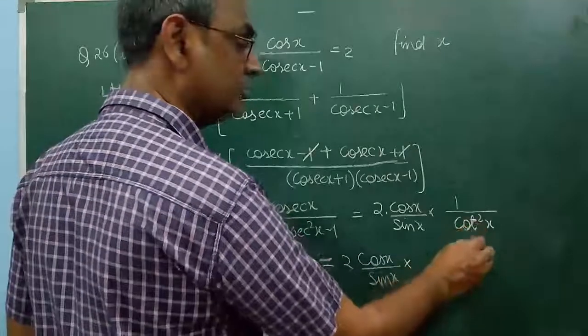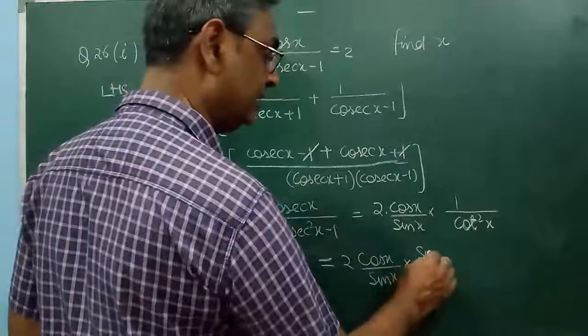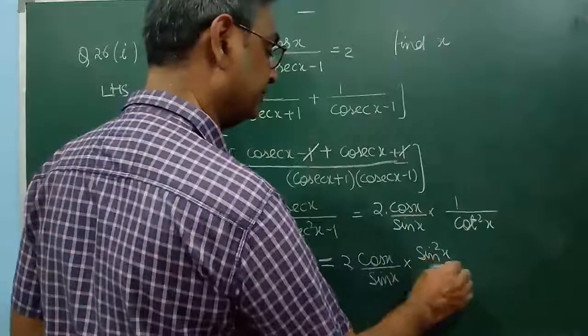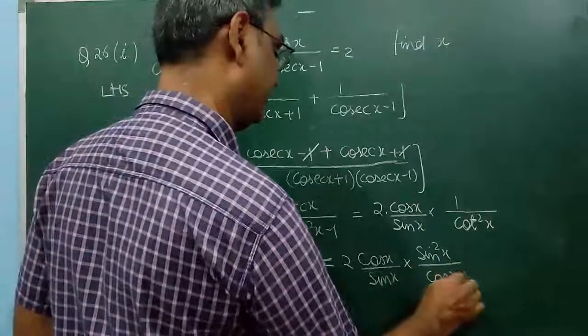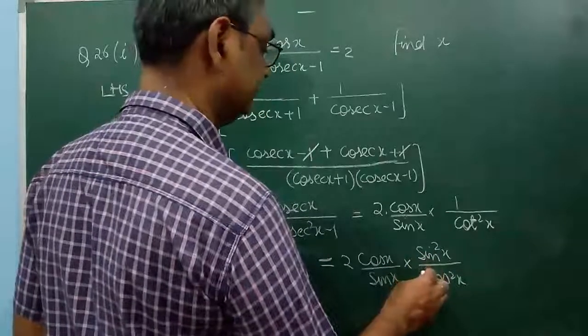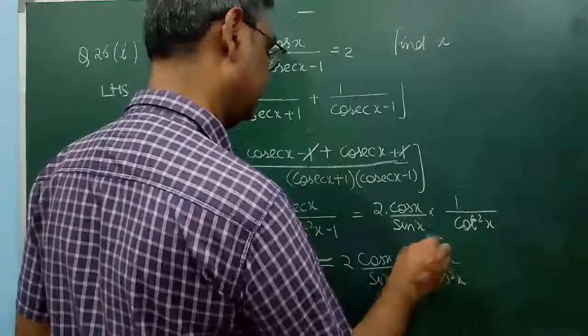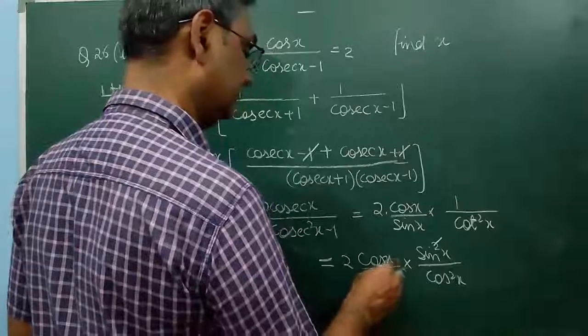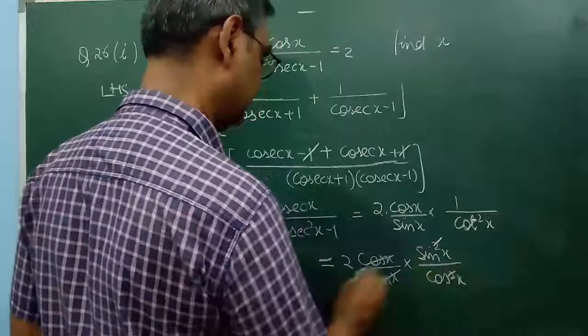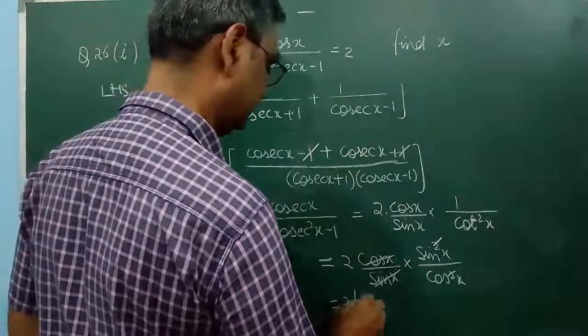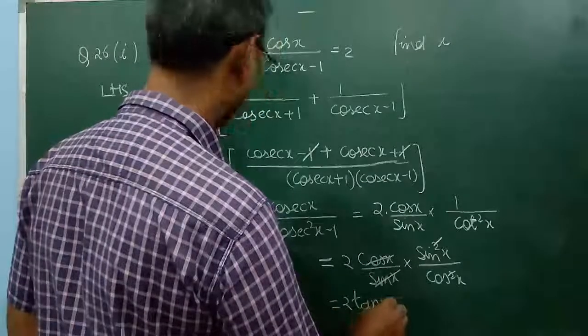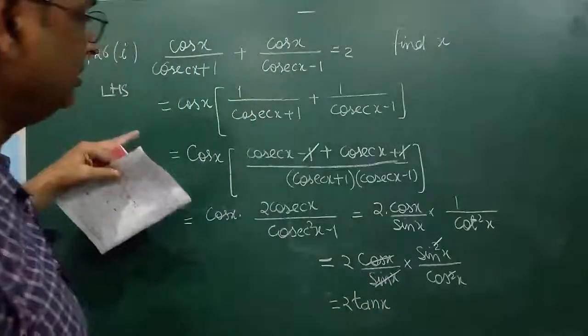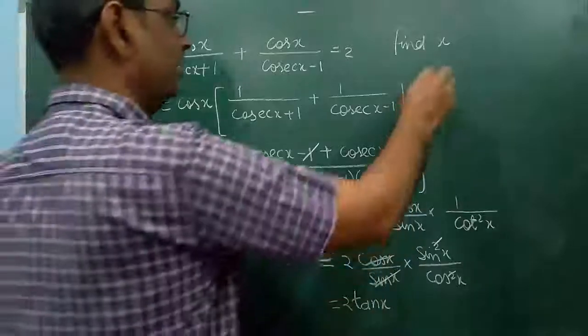And this is cos square x upon sin square x, and we can write like this now. So LHS we have got 2 tan x.